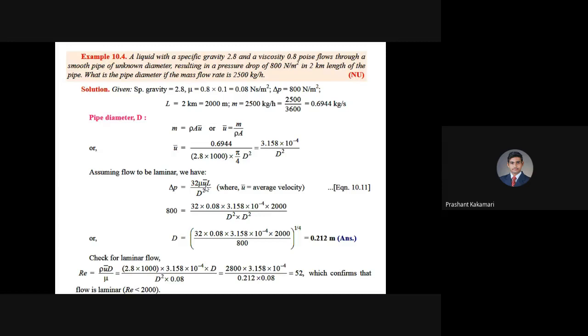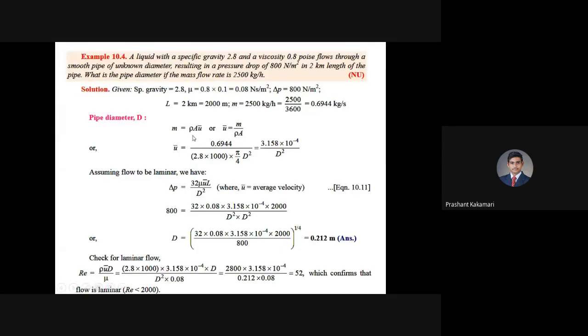So the discharge from the pipe is given as 2500. After converting per second, they have found it is 0.6944 kg per second. That is the mass flow rate for finding the average velocity.